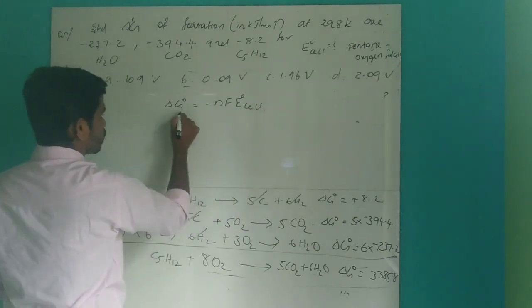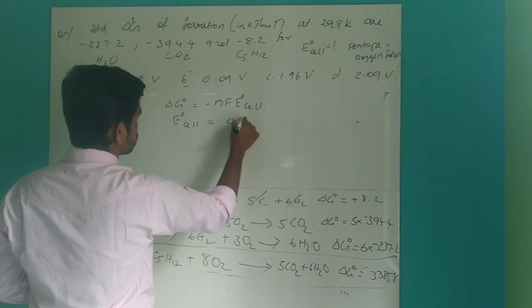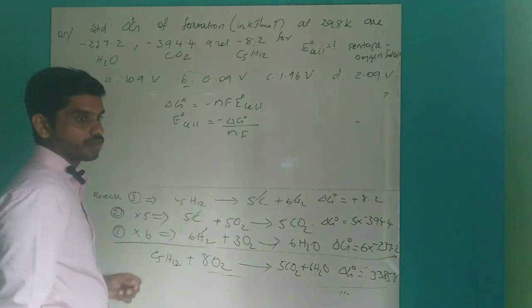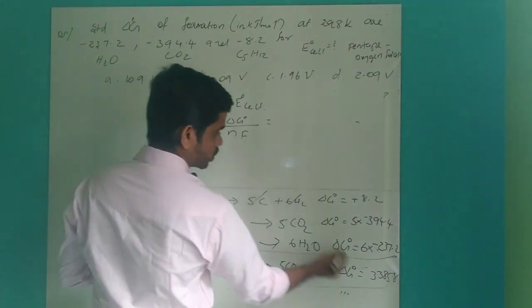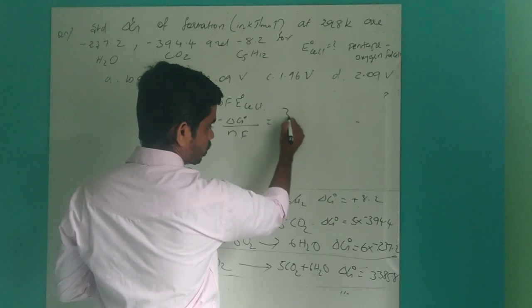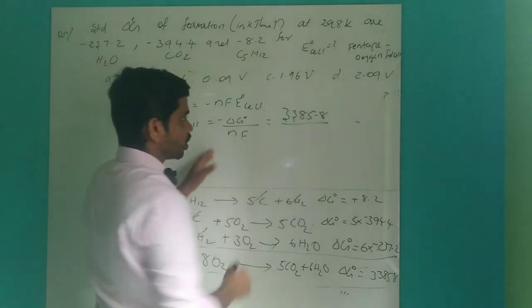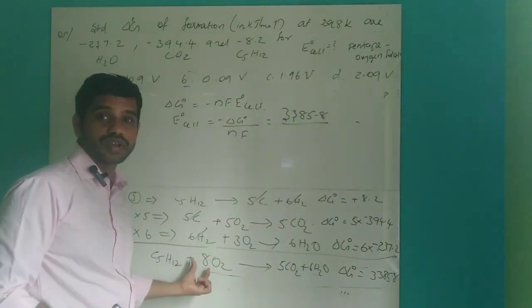So E0 cell is equal to minus delta G0 divided by NF. The delta G0 value given is 3385.8 divided by N. How many electrons are transferred in this reaction?